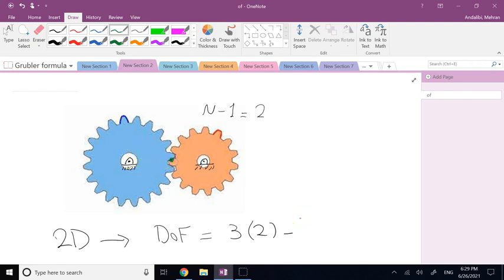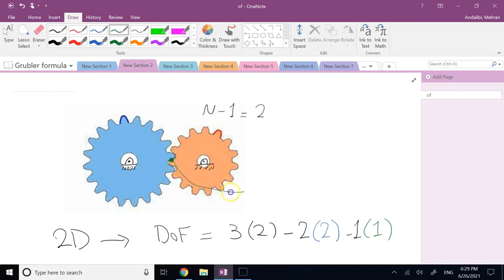So this is going to be minus 2 times the number of what? Low pairs, which is 2, then minus 1 times the number of high pairs, which also is 1, correct?